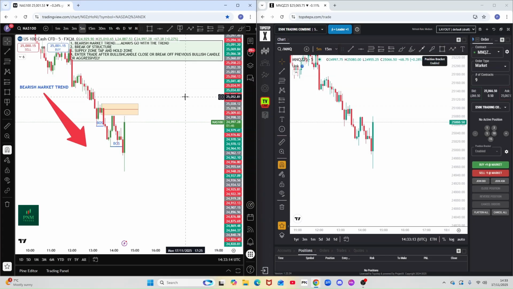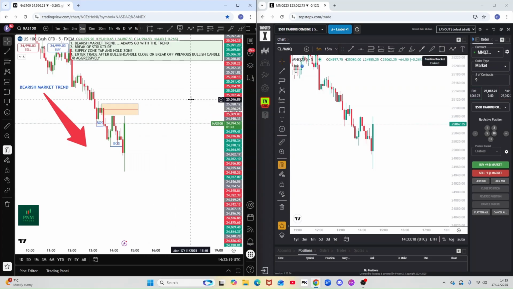Wrong too. So it's tapped that old zone, but I don't really want to enter, honestly.